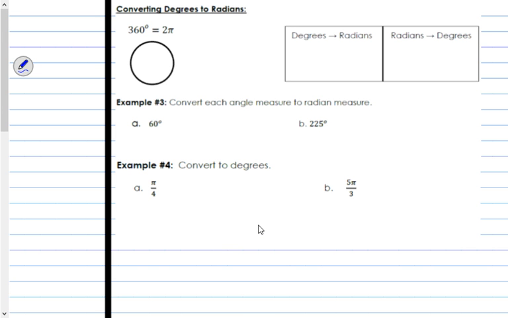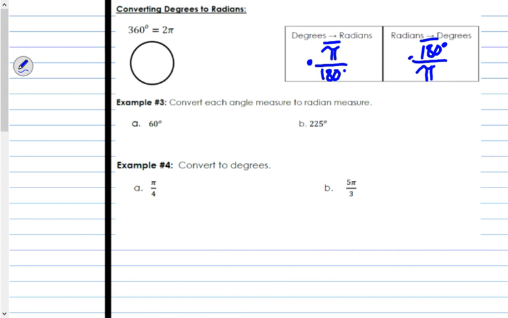So 360 degrees is equal to 2 pi radians. So if I'm changing from degrees to radians, I'm going to multiply my number by pi over 180 degrees. If I'm changing from radians to degrees, I'm going to multiply my number by 180 degrees over pi radians.